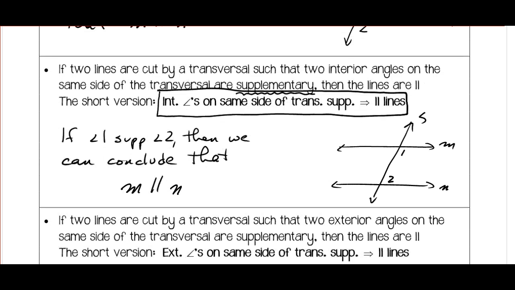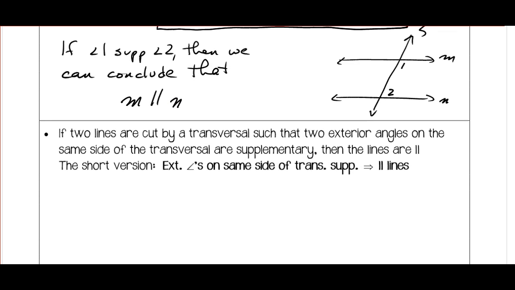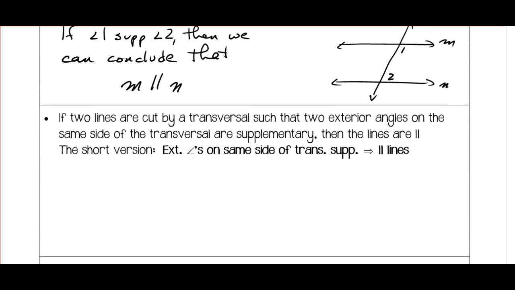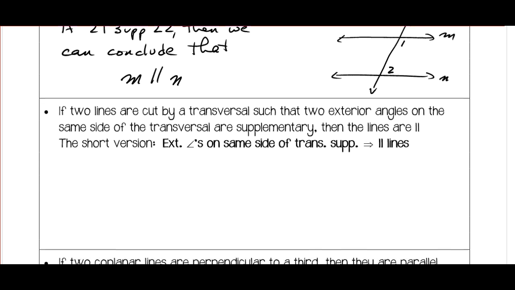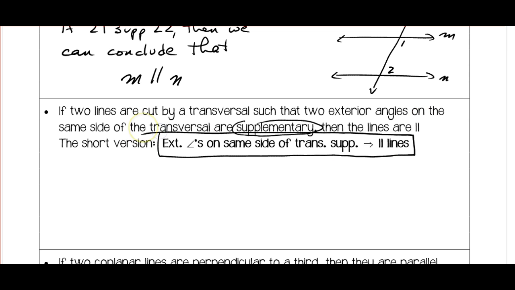Alright, and then the last way, if you haven't guessed it already, if two lines are cut by a transversal such that two exterior angles on the same side of the transversal, again notice, are supplementary, then the lines are parallel. Here's our short version. Exterior angles on the same side of the transversal supplementary implies parallel lines. Same picture.